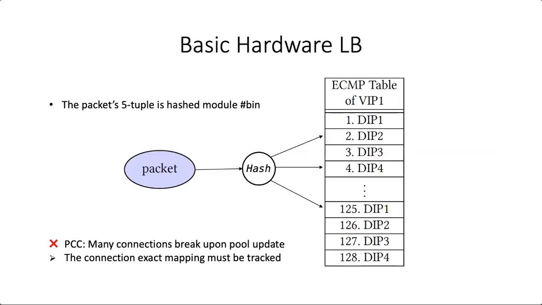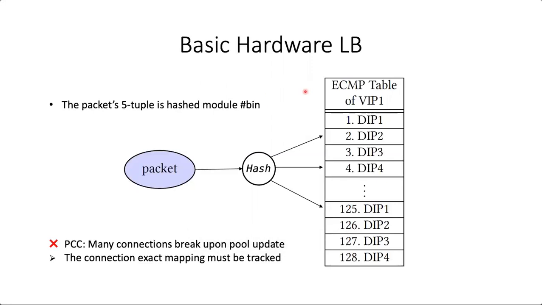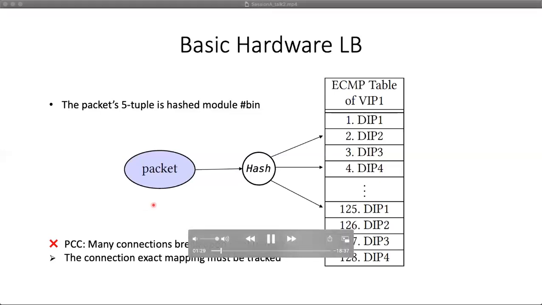A basic hardware load balancer can be implemented as the following. We have a hardware table called the ECMP that holds all the available DIPs in the pool of servers. Each packet coming to the load balancer will choose a destination DIP from the ECMP according to the hash of its 5-tuple headers, modulo the size of the ECMP.